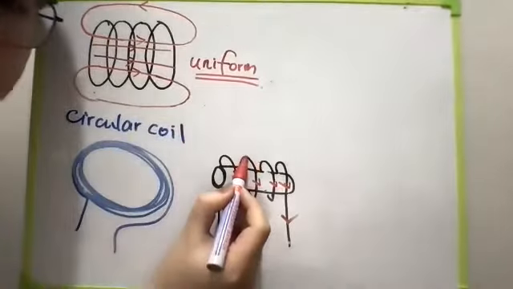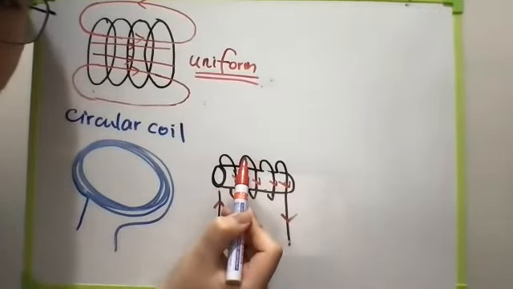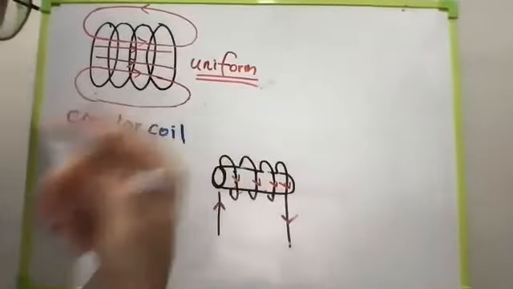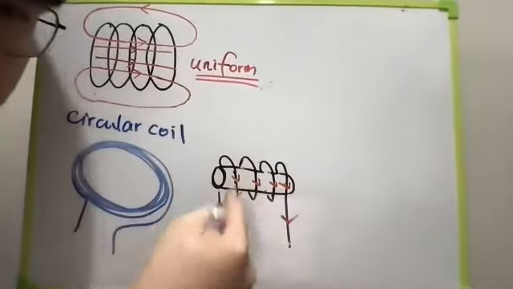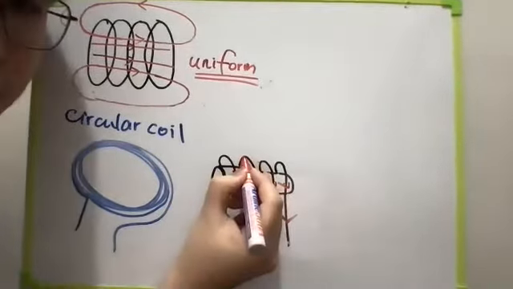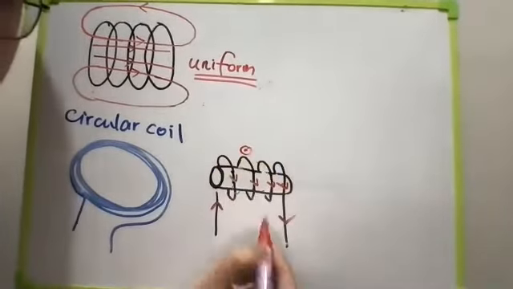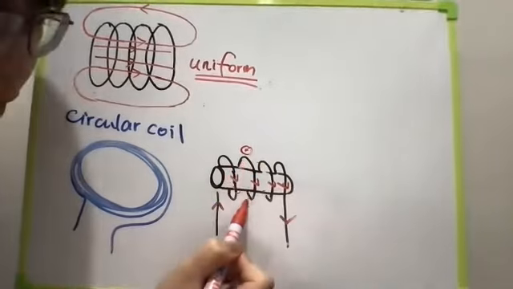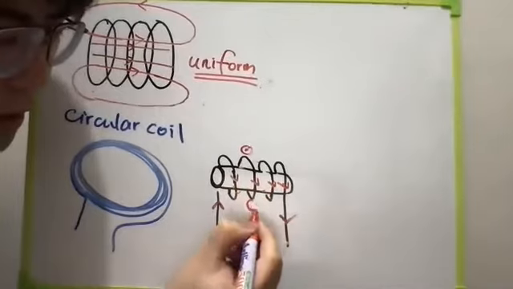At the top, at this point, which way does the current flow? It comes out, right? At the point below here, it flows to the back, so it is into the page. So at the top I can say it is a dot. It's coming out of the page here. Here it is going to the back. So here it is into the page.